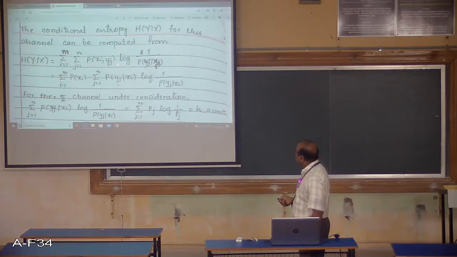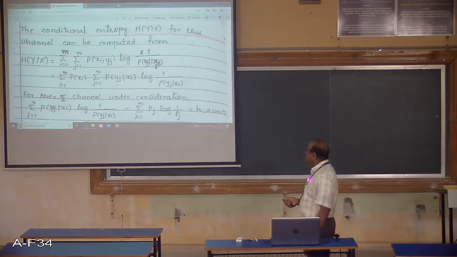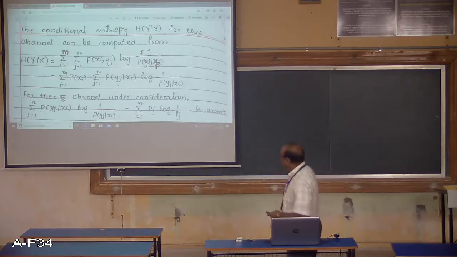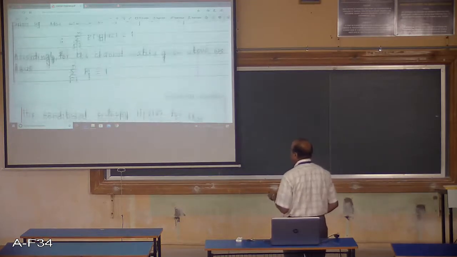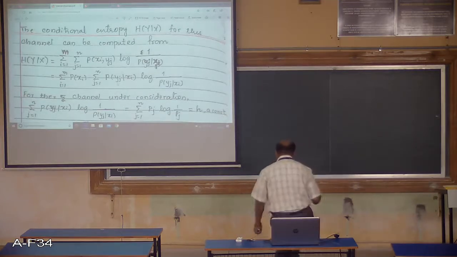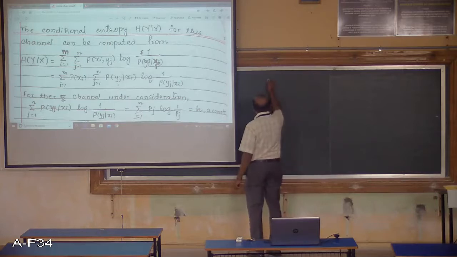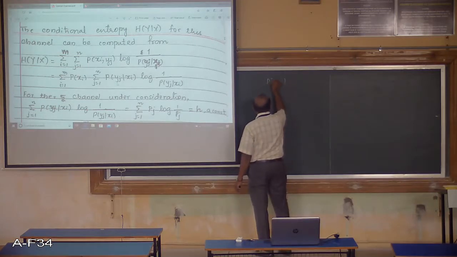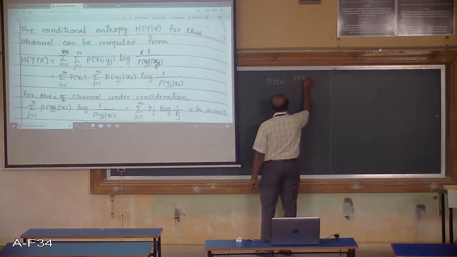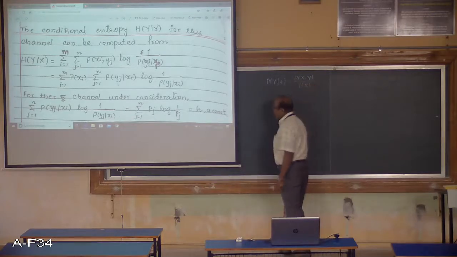P of this is split into joint probability, which is equal to conditional probability times P of xi. This is joint probability divided by probability of the conditioning event.